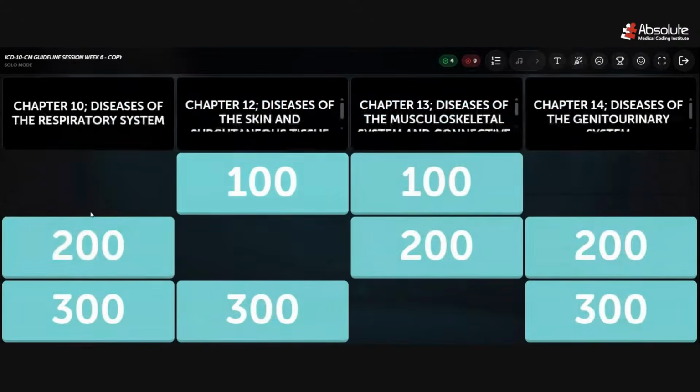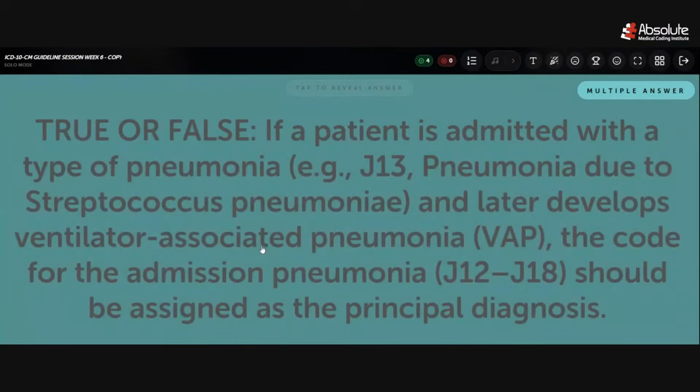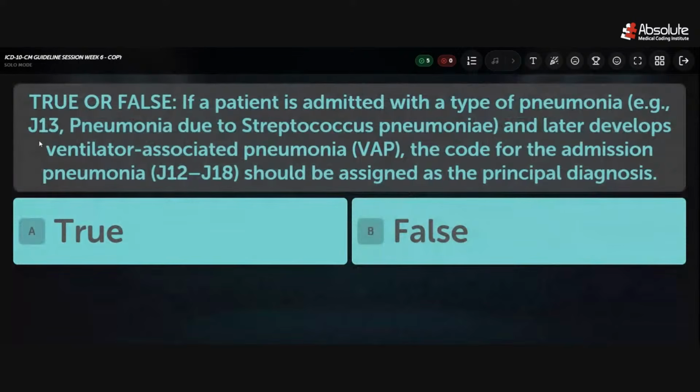Now we are going to start back off from our chapter 10. Let's do a 300. This is a long one. Okay, true or false? If a patient is admitted with a type of pneumonia, an example of this would be J13, pneumonia due to Streptococcus pneumoniae, and later develops ventilator associated pneumonia, or VAP, the code for the admission pneumonia should be assigned as the principal diagnosis.